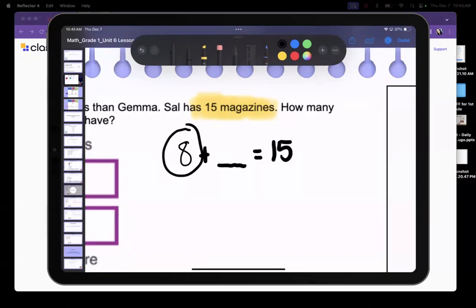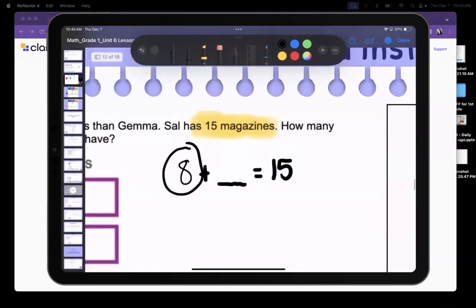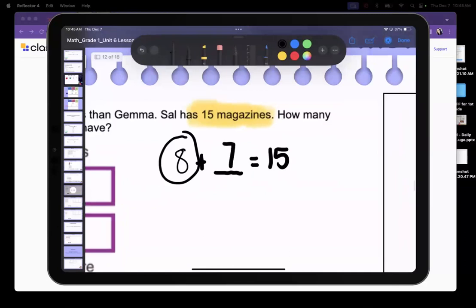Good job, Jonah. Yeah, it's 8 plus 7. Then when we talked about it last time, remember if we have 8 plus 8, that's going to be 16. So one less would be 15. Good job.